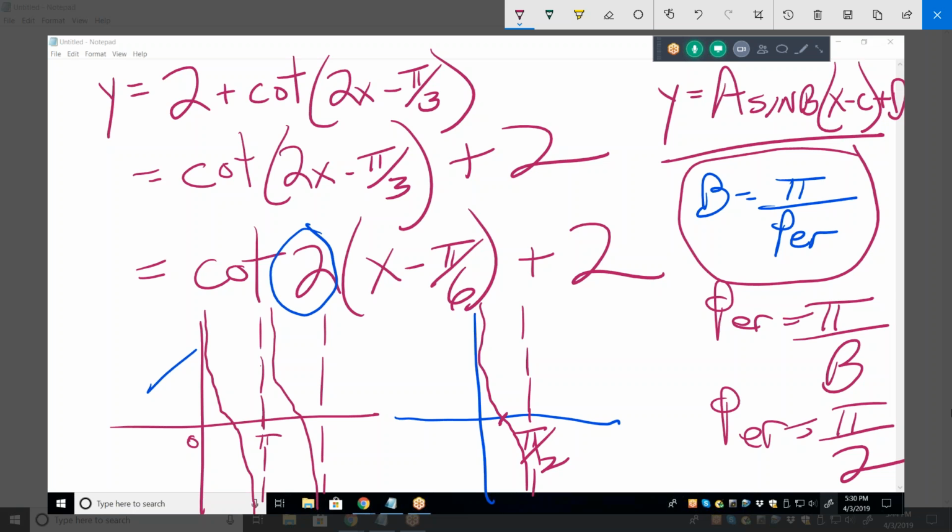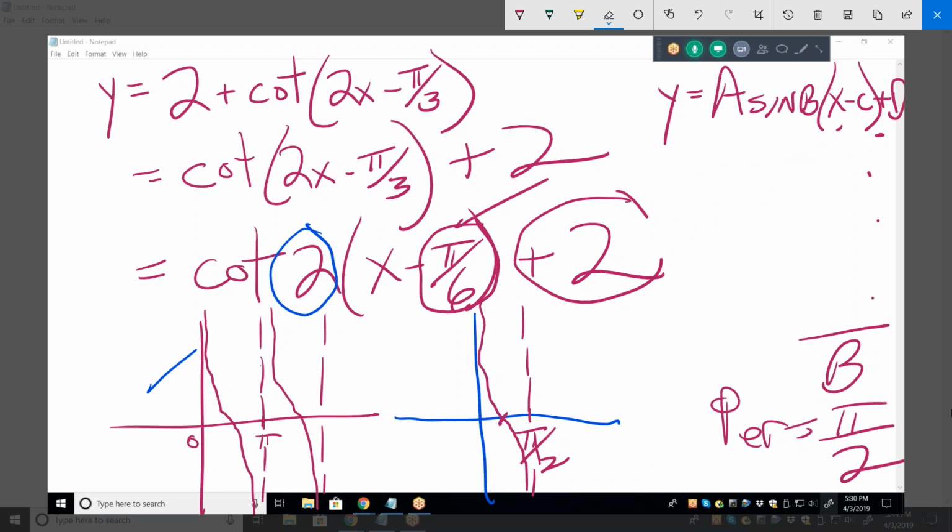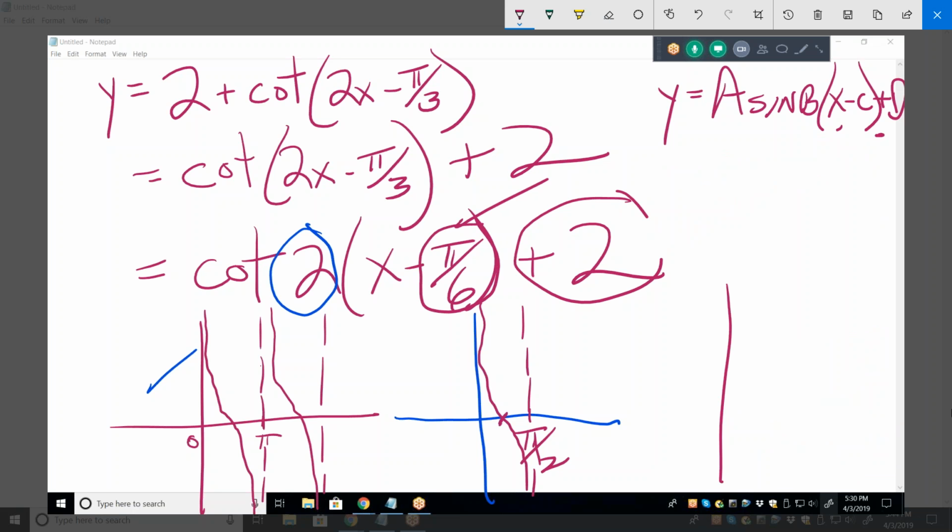Now, we got 2 other things we have to concern ourselves with. This and this. Let's take the phase shift first. What does that do? Shifts it pi over 6, right? Okay. So I'm taking this middle curve, and I'm just going to move it to the right by pi over 6.